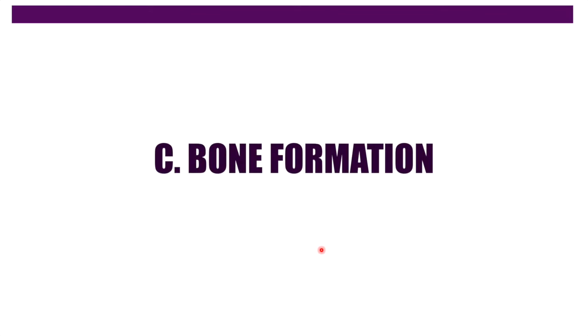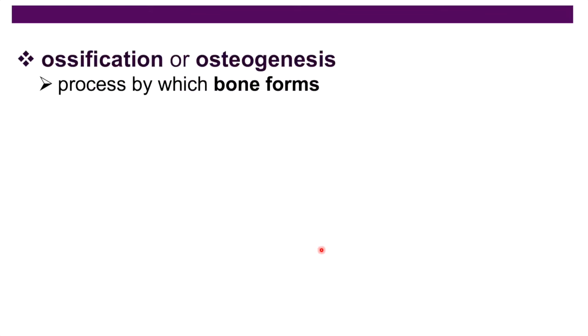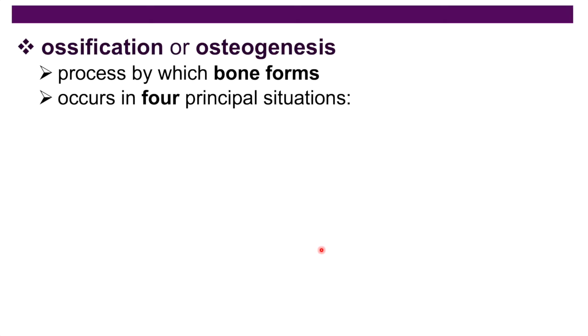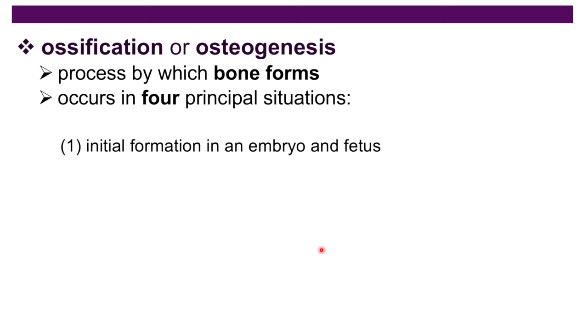Now that we have an idea on the microscopic and macroscopic structures of the bone, we will now learn how bones are formed. The process by which bone forms is called ossification or osteogenesis. Ossification occurs during the initial bone formation in an embryo or fetus.